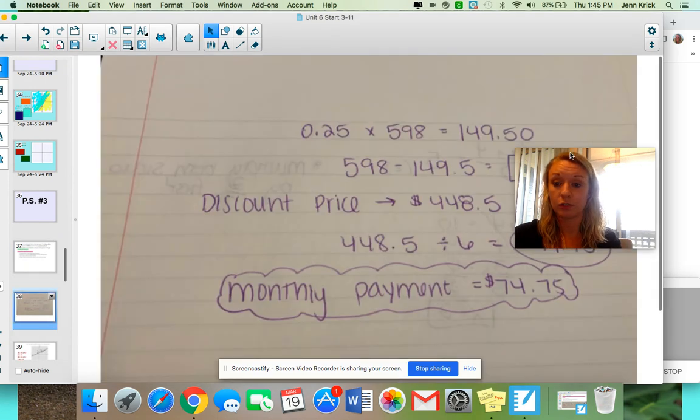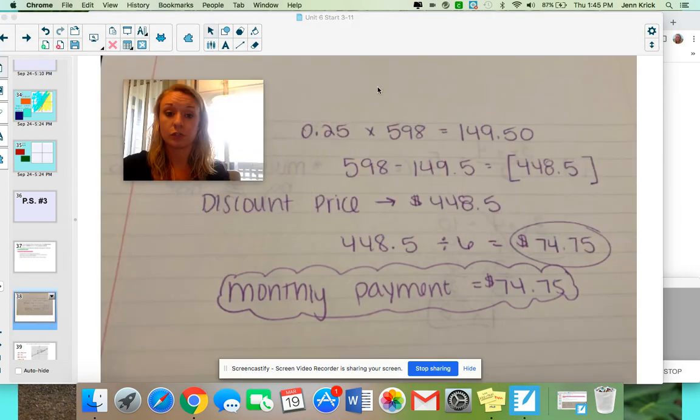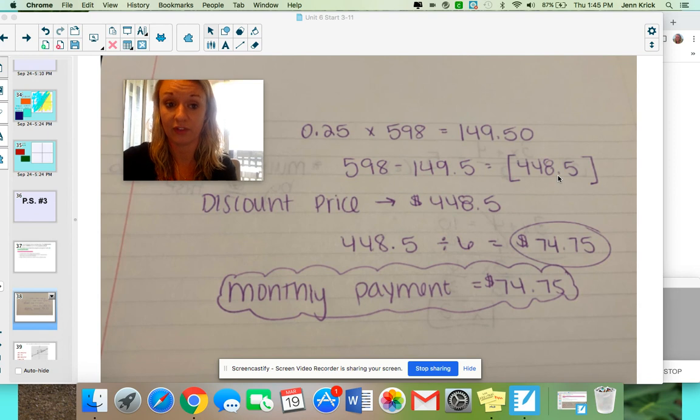So really quick, 2 different things you could do. Here's what I saw most people use, this strategy. They did 0.25 times 598 to show that 149.50 is 25% of 598. But then you need to subtract that away so that your discounted price is 448.5.